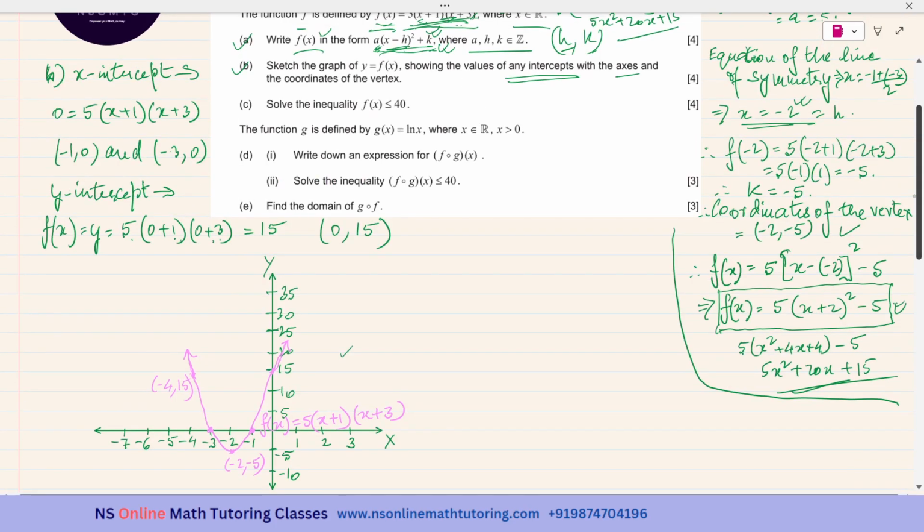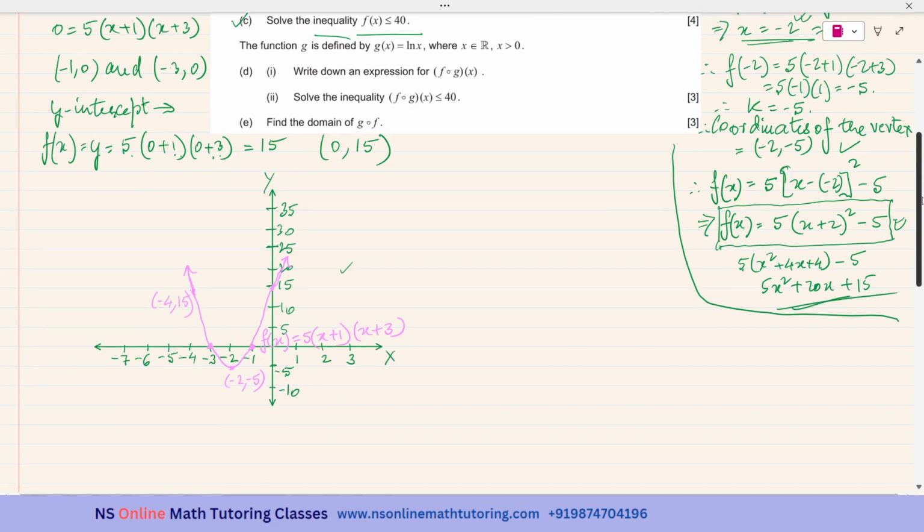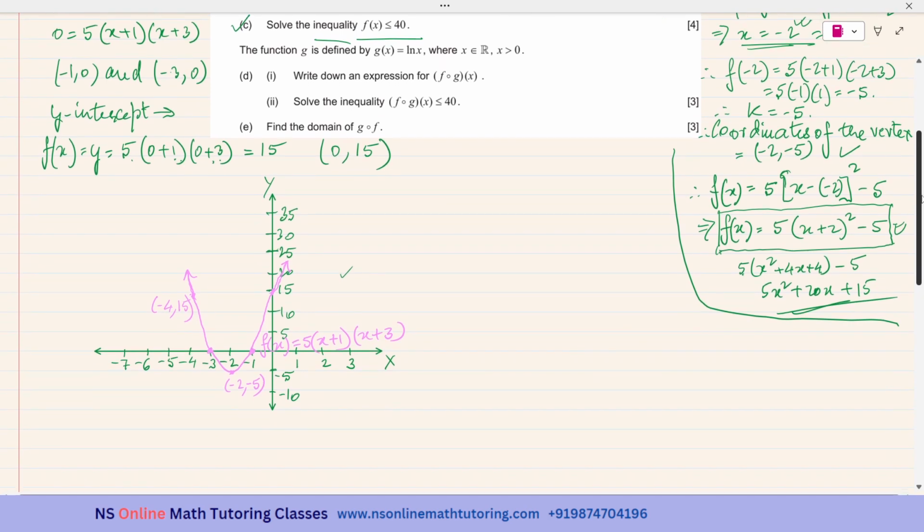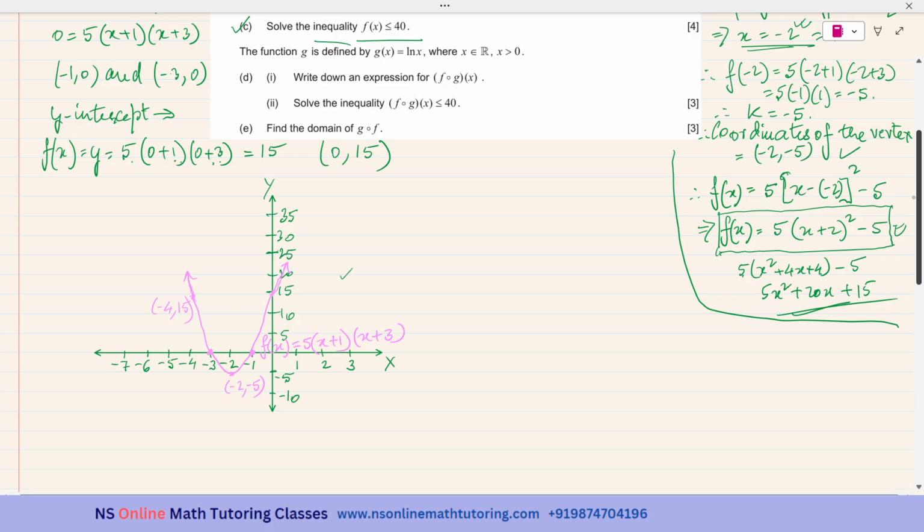Now coming to part C: solve the inequality f of x is less than or equal to 40. This is a paper 1 question, so you cannot use your calculator. Looking at the graph, for less than or equal to 40, this is y equal to 40, a horizontal line.